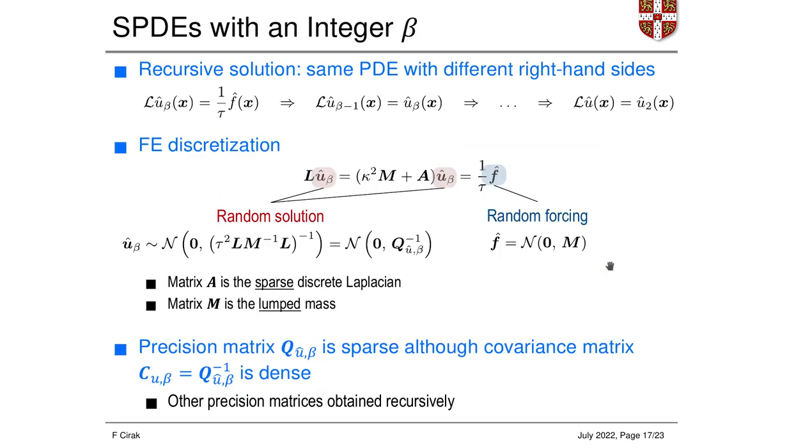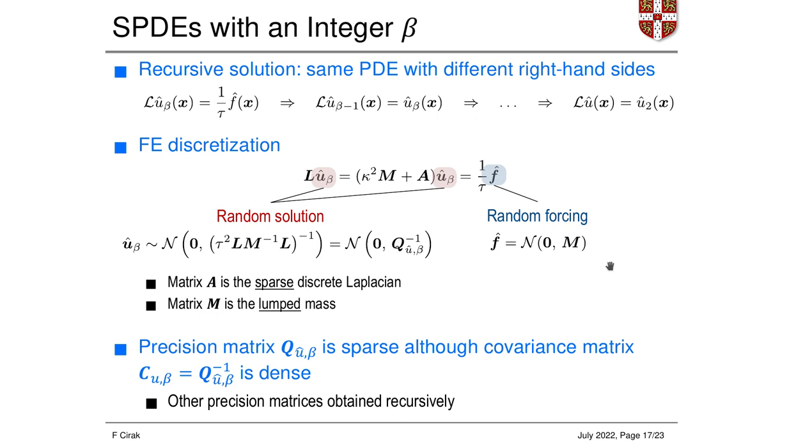Now we know that we can obtain Matérn fields in a very different way. How is that useful? The usefulness is that we can actually derive the expression of the precision matrix from this SPDE. So now I will consider the SPDE with some integer beta so that this is much simpler.